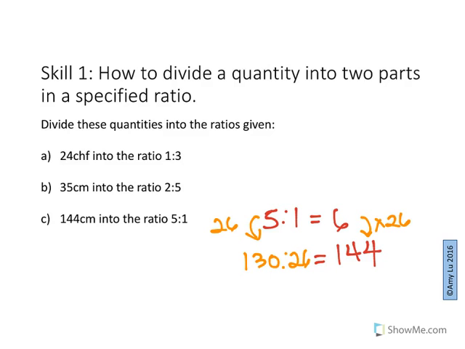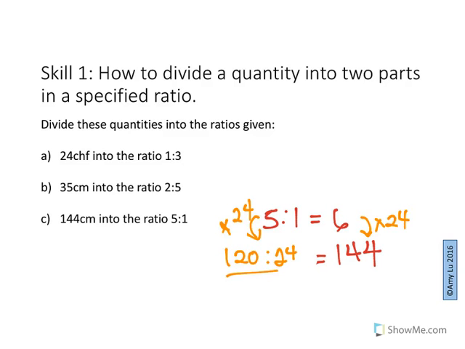That is incorrect, I apologize. I meant 24. Yes, so 5 times 24 will make 120. 1 times 24 makes 24.